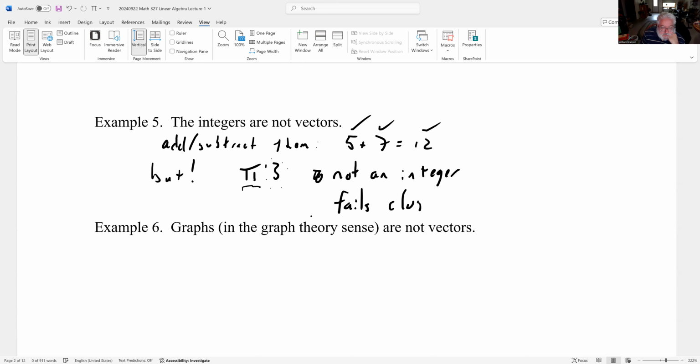It fails closure, right? One of the important things about vectors is that when you add two vectors, you get another vector. But if we just look at the set of integers and multiply by a real number like pi times 3, that's not an integer. So we don't have closure, and we want constants times vectors to be vectors.